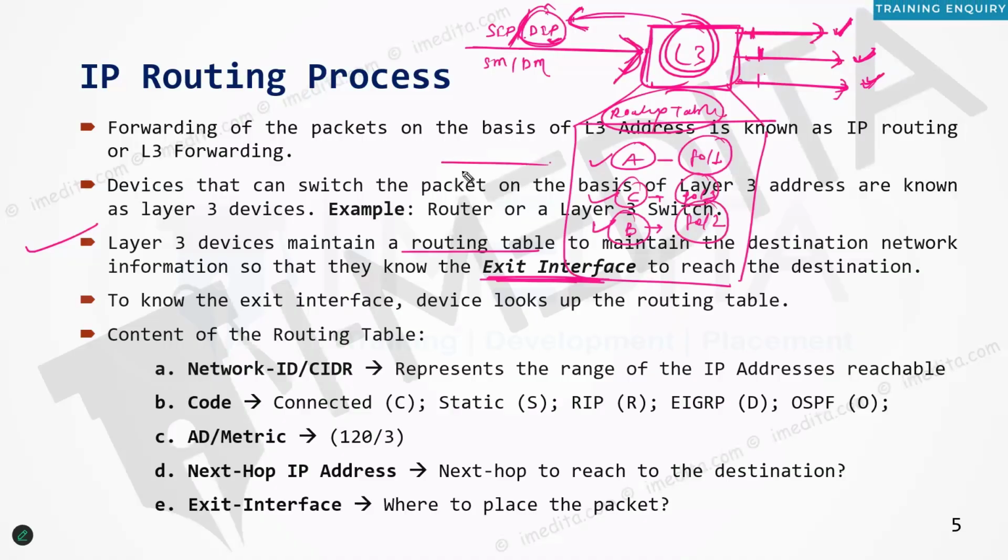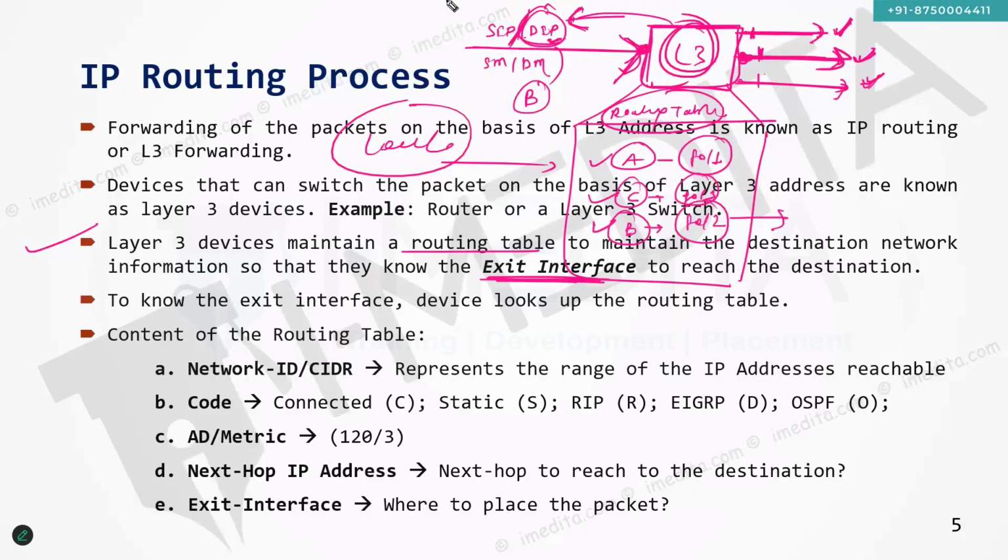They will check the routing table. They will perform this thing called routing table lookup. They will see that if I have to go to destination B, the exit interface is FA0/2. So they will place the packet from one interface to the other interface based on the destination IP address.